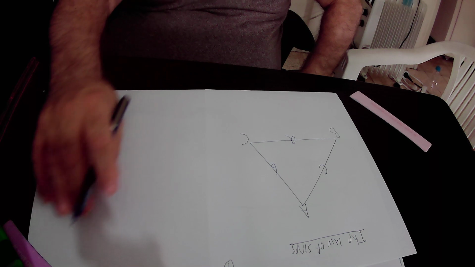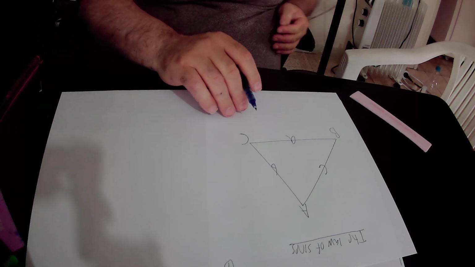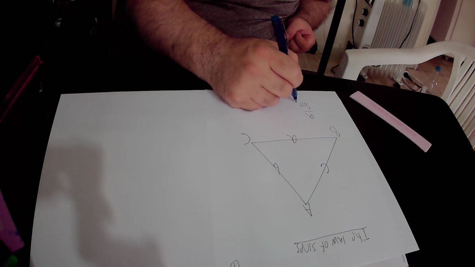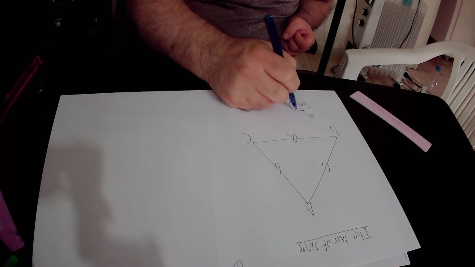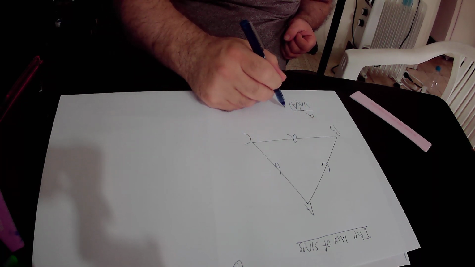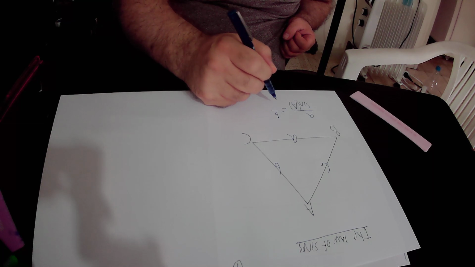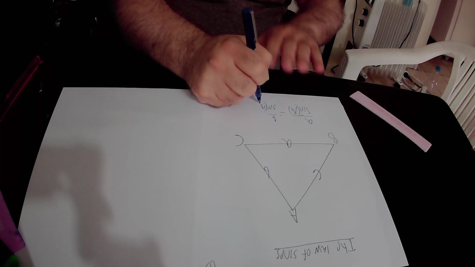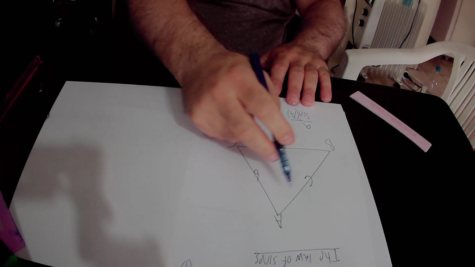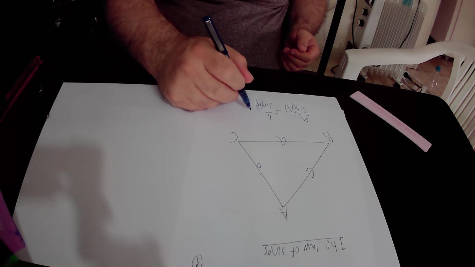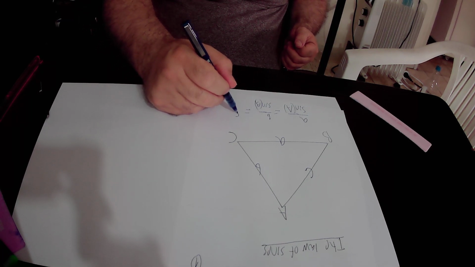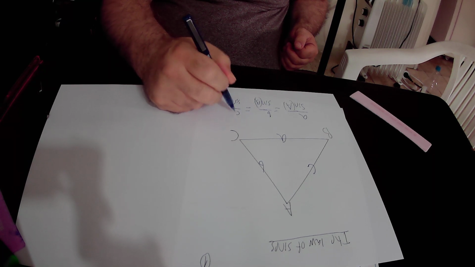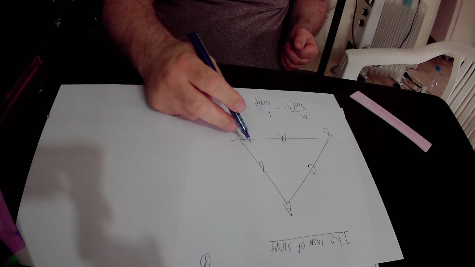Then, according to the law of sines, we get that A over sine A, where capital A is the size of angle BAC, is equal to B over sine B, where capital B is the size of angle ABC, and it is equal to C over sine C. Capital C is the size of angle ACB.